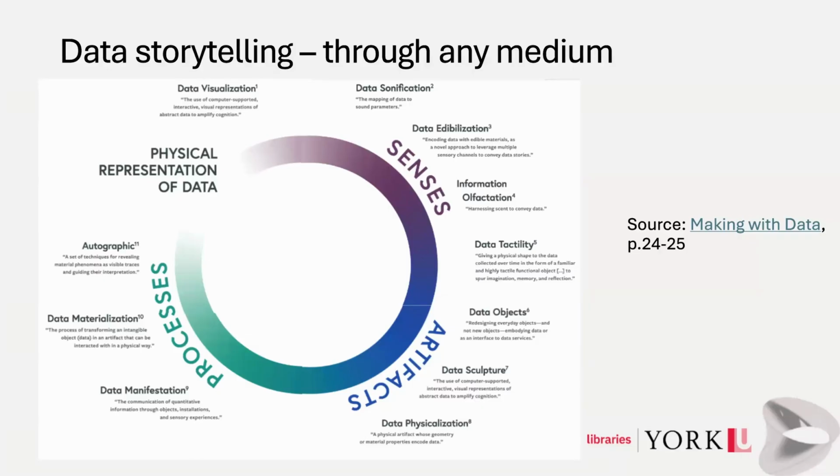Data physicalization is often defined as a physical artifact whose geometry or material properties encode the data. So where a data visualization encodes the data oftentimes through a graphical means, like color or shape or size, we add in this physicality with a real life object when we're creating a data physicalization.